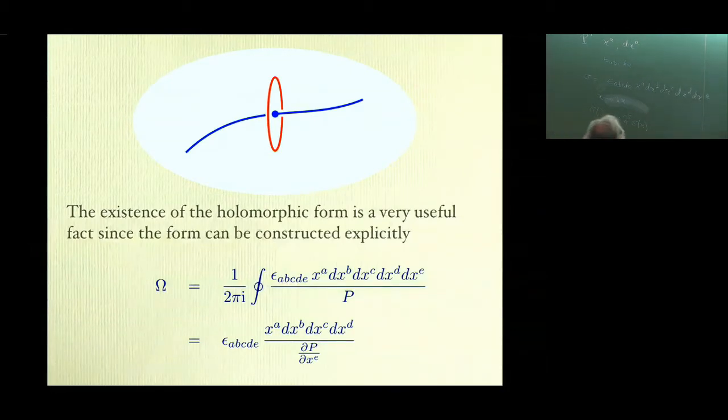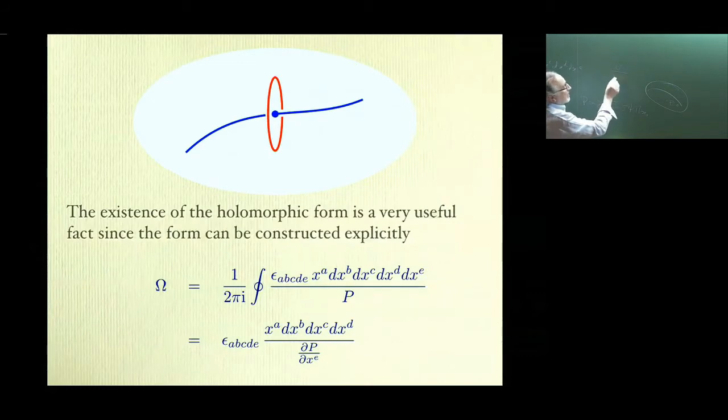Because what we can do now is we take sigma, we're going to call the equation of the slice P. So we have a space, P4, we have a slice in the space defined by the equation P equals 0.